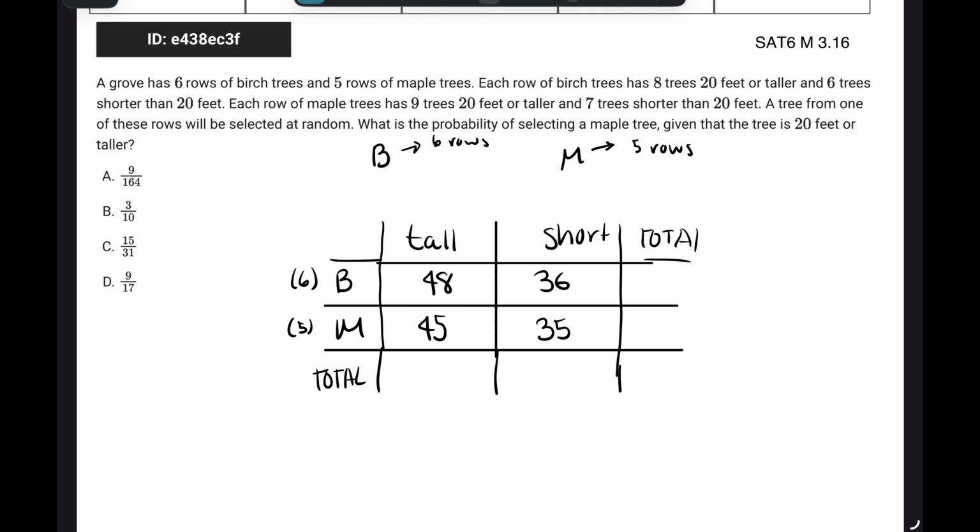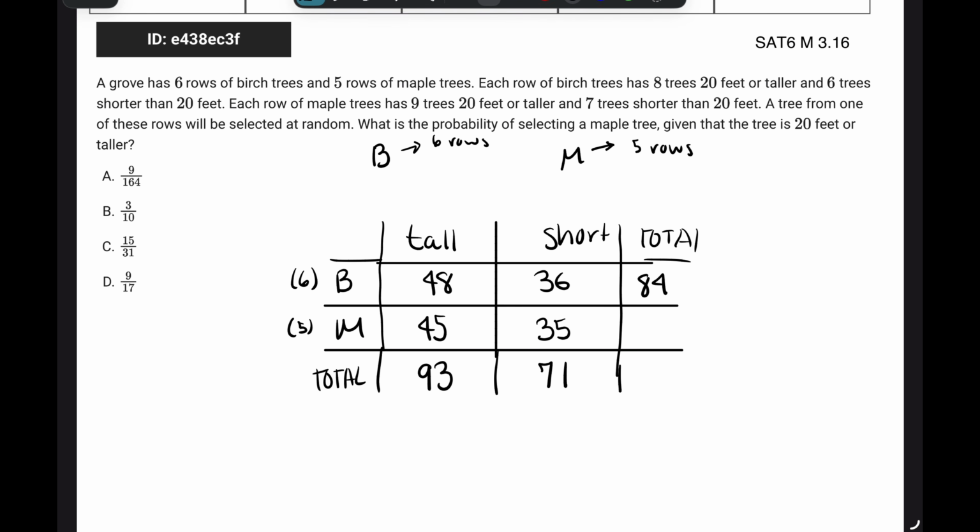So going straight down, the total amount of tall trees would be 48 plus 45, which is 93. Going to the next column, if I want the total amount of short trees, that's 36 plus 35, which is 71. Now in the first row, if I want the total amount of birch trees, that's 48 plus 36, which is 84.